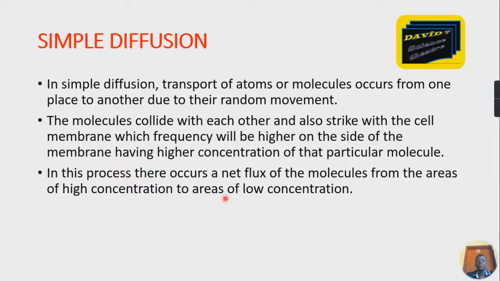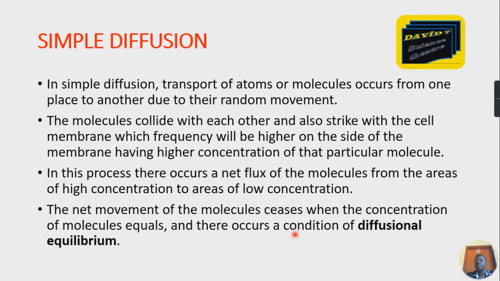In this process there will occur a net flux of molecules from areas of higher concentration to areas of low concentration, either going out or getting into the cell. That is with respect to the cell. But if it is just a membrane separating fluids, it means movement from a higher concentration region to a region of lower concentration of that particular molecule.